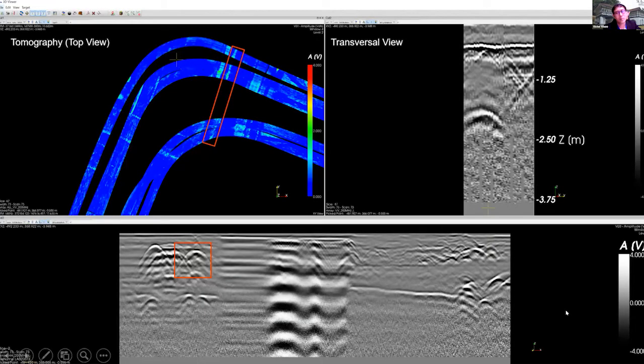More data. These are the tomography scan information that has been captured using the GPR systems that we have tested earlier.